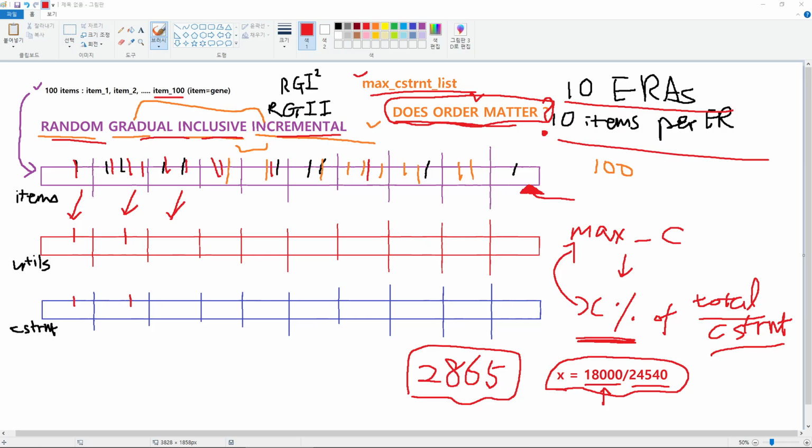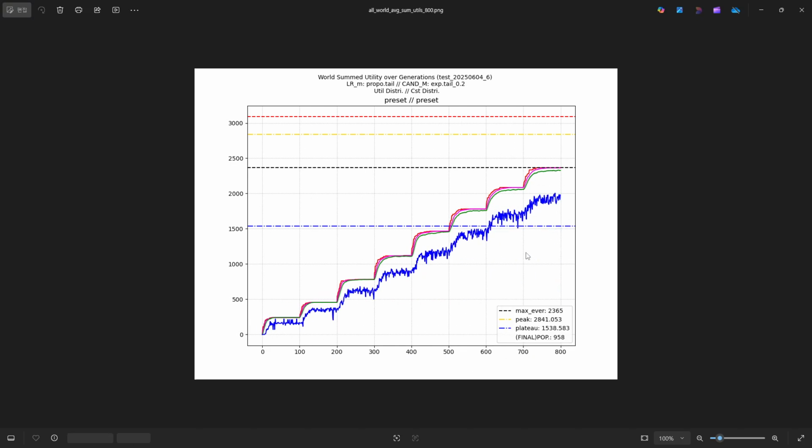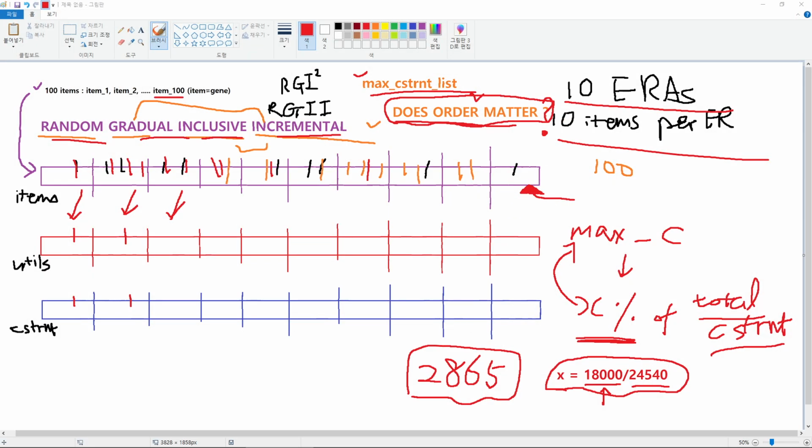And I did this 2 more times. I'll quickly show the summed utility scores. So 2855, well, unlucky, but it does seem to be quite similar.